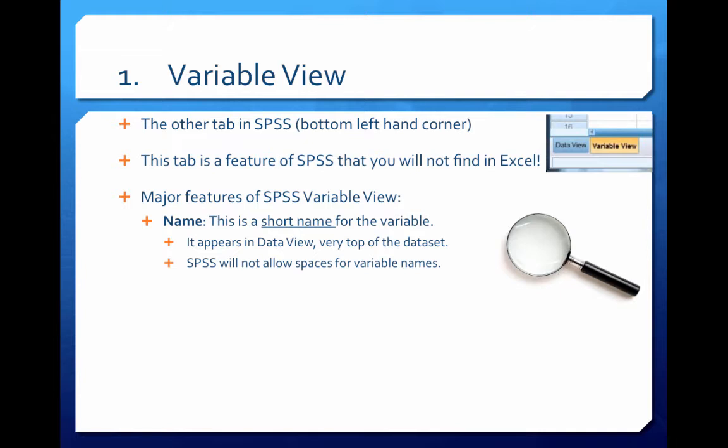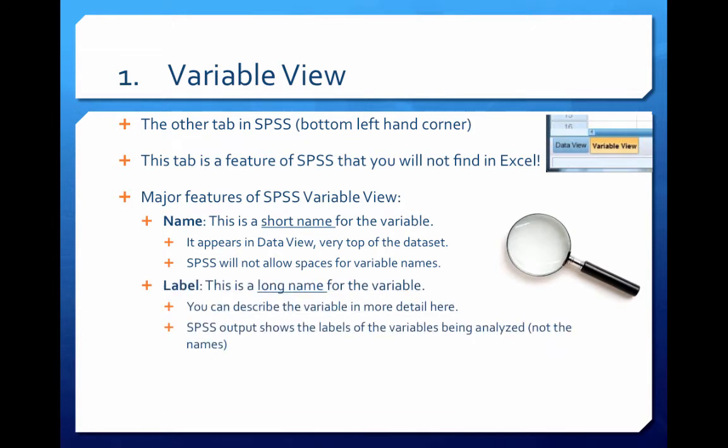So it's going to be something short and sweet, but something where you want to be able to identify what that variable is. And SPSS does not allow any spaces in your variable names. So sometimes you may want to use a dot or an underscore if you want to separate terms. But remember, this is just a short name for each of your variables.